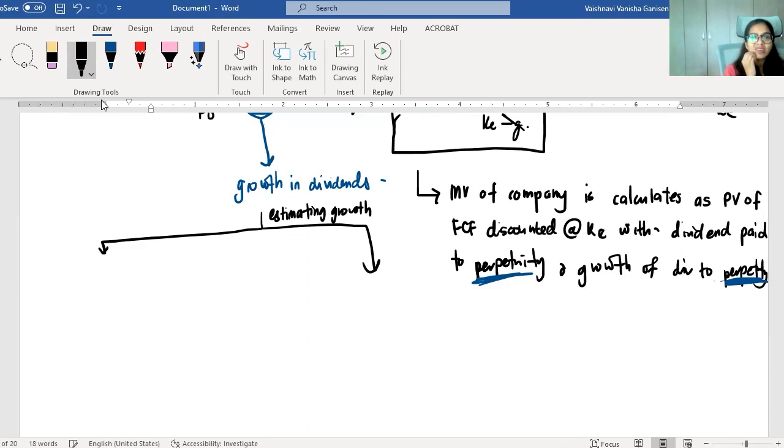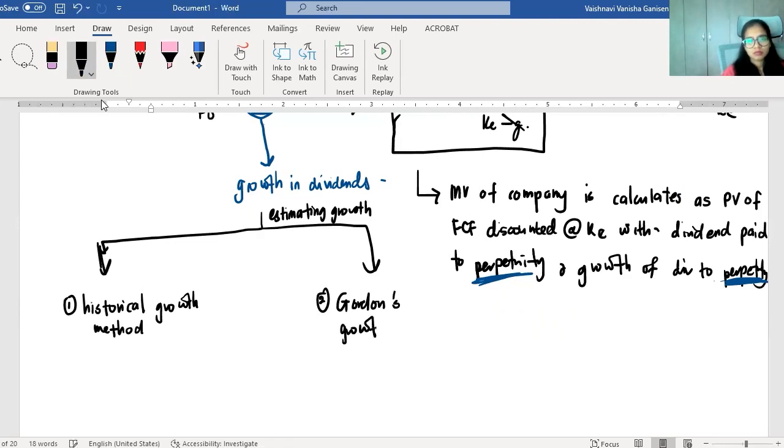Estimating growth, there are two ways. Number one, the historical growth method. And number two, the Gordon's growth model.